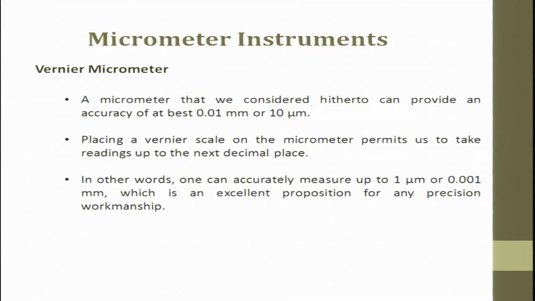The micrometer that we use can provide accuracy to the best of 0.01 mm, or 10 microns. Placing a vernier scale on the micrometer lets us take a reading to the next decimal place. So, vernier takes us to the next decimal place, and you can accurately measure up to 1 micron using this vernier micrometer.